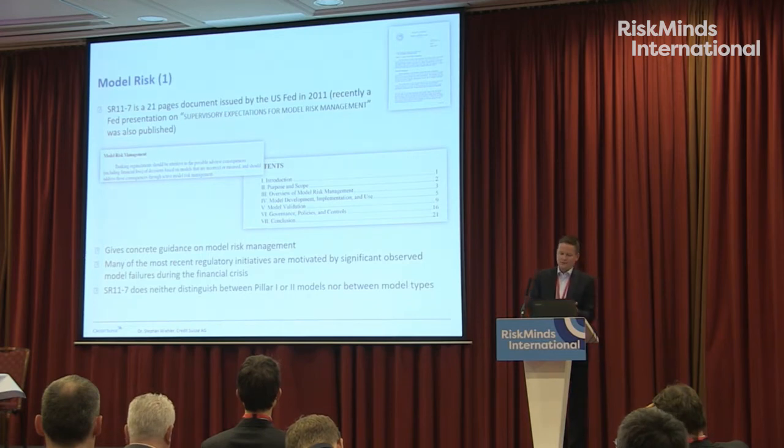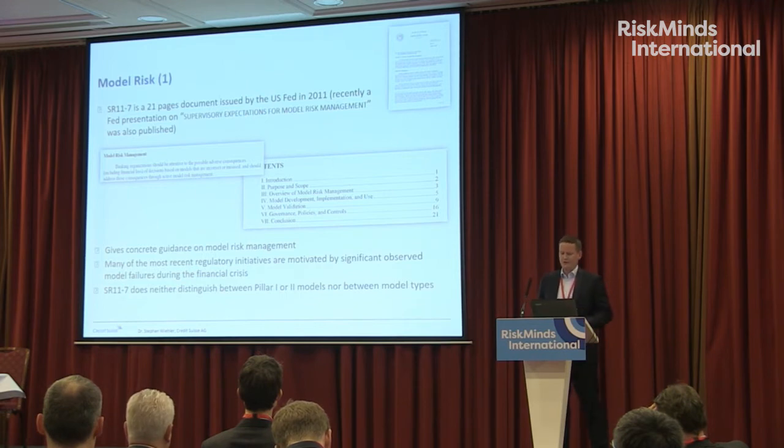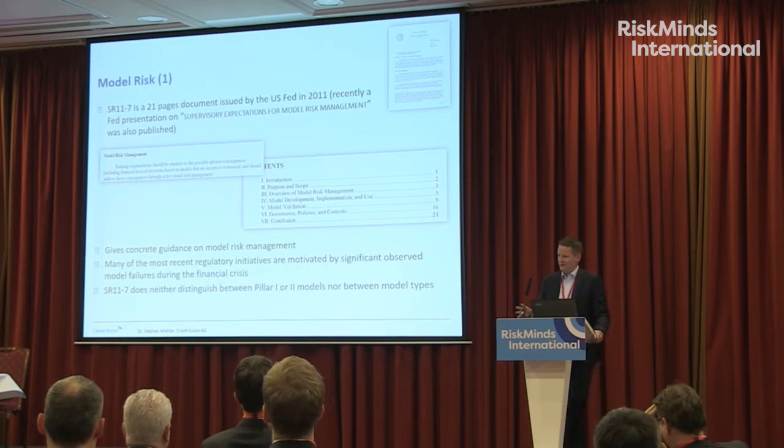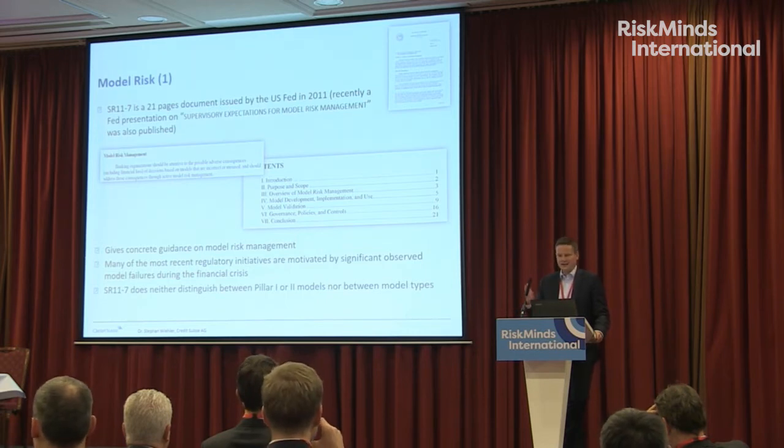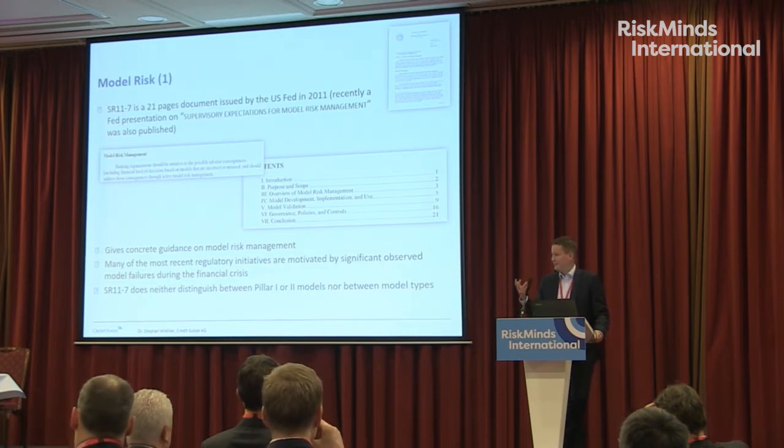Some comments on model risk. We heard it a number of times yesterday and today: there is SR 11-7, which probably is the most well-known guidance from the Fed, issued in 2011, and it crept into all organizations over time, so that SR 11-7 is a buzzword in the organization.